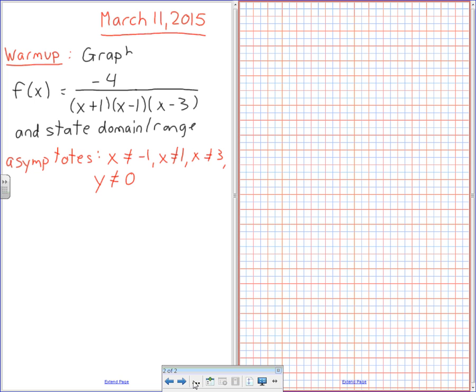All right, so I'm going to draw a nice little graph here. I have to get to 3 and to -1, so I'm going to draw something like this.